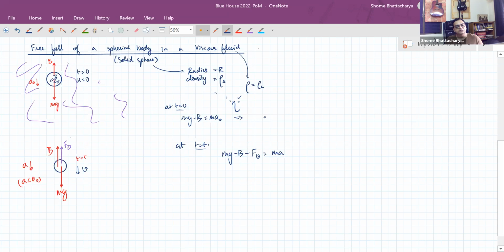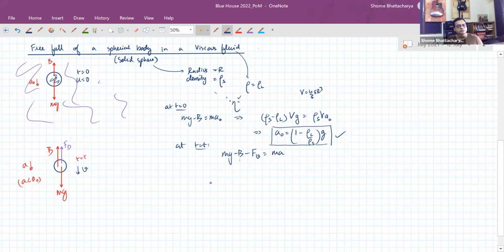So it's basically density of the solid minus density of the liquid into volume into g, and on the other side m is density of the solid into V into a, where this V is obviously 4 by 3 pi r cube. So we can directly see from this equation that the initial acceleration is 1 minus ratio of the densities into g. So for example, if the density of the liquid is negligible compared to the density of the solid, then the initial acceleration is almost g.